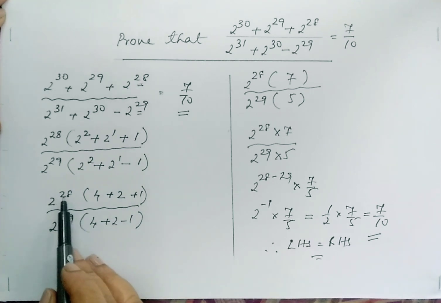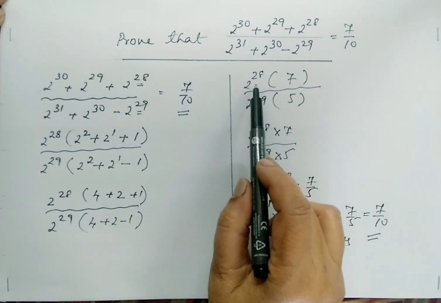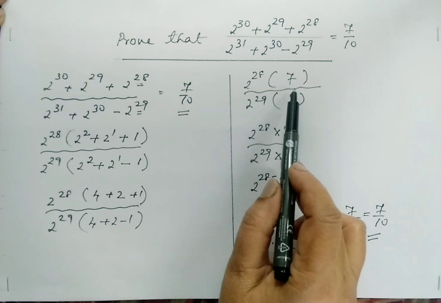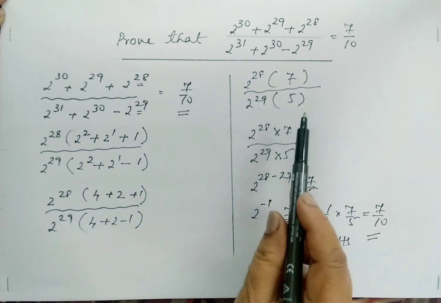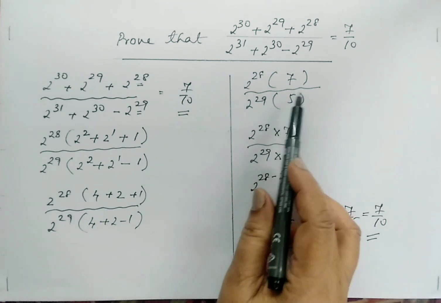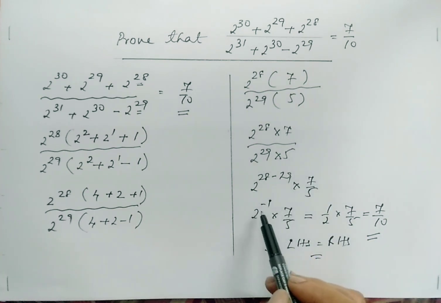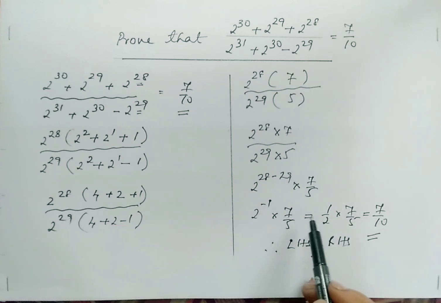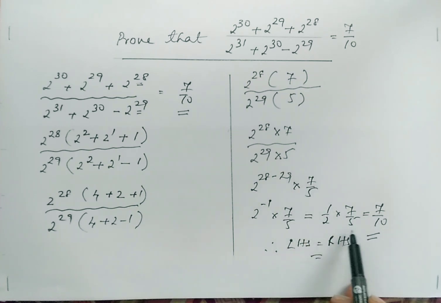We do this at the very end, because doing all of them simultaneously would muddle them altogether, which can be very confusing. So here we found 7 from here and 5 from here. Then we dissolve the brackets and write them as multiplication, as they have a multiplication bond. Next we solve this and we get 2 to the power minus 1, which we write as reciprocal and multiply by the other factor, 7 by 5, and we get this.